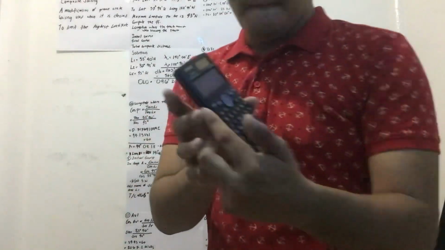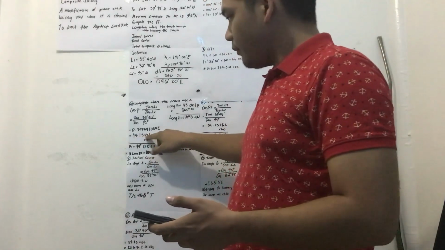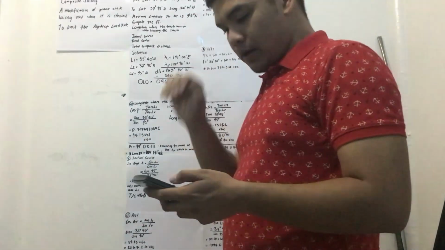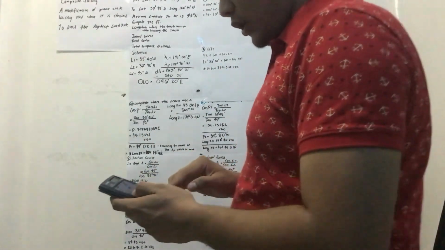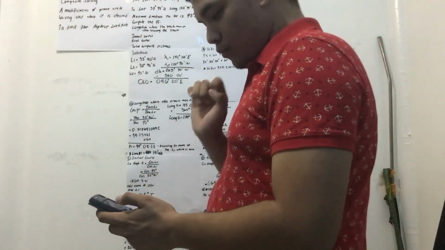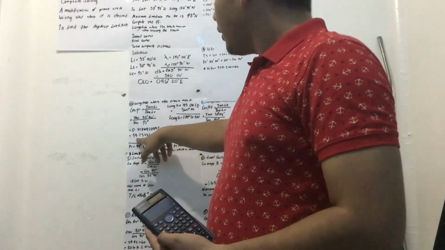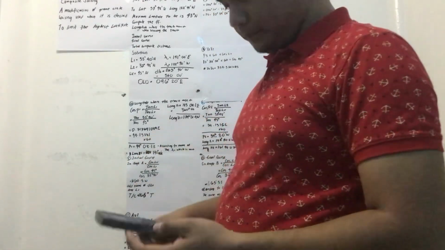So you have 0.7001619892. So to get 44 degrees and 13581, you have to shift cos. So we have 44.13581.